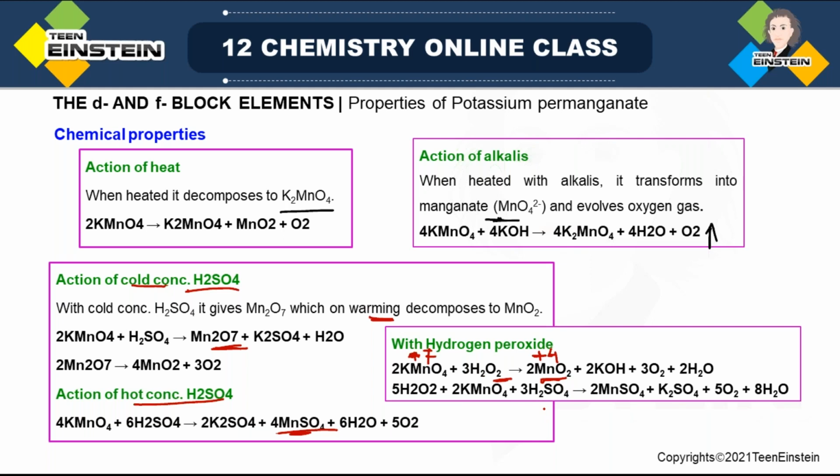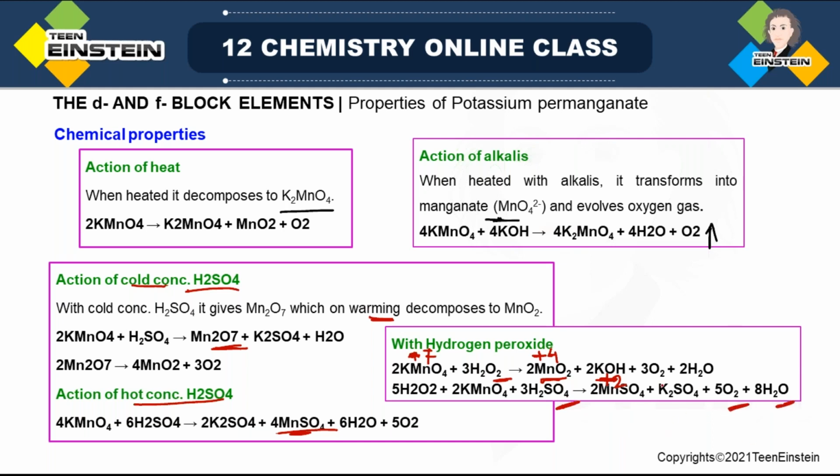Now, if it is in acidic condition, then how does it react? H2O2, KMnO4, H2SO4. Now the products are different. Now it is MnSO4, where oxidation state of manganese is +2. So depending on whether we are using H2SO4 or not, products are also different.